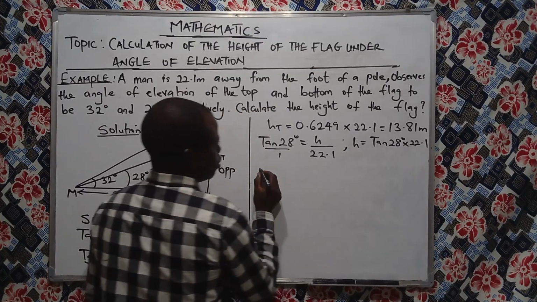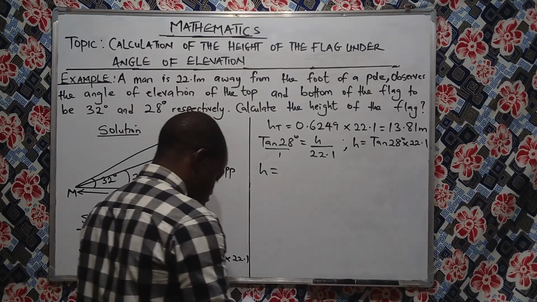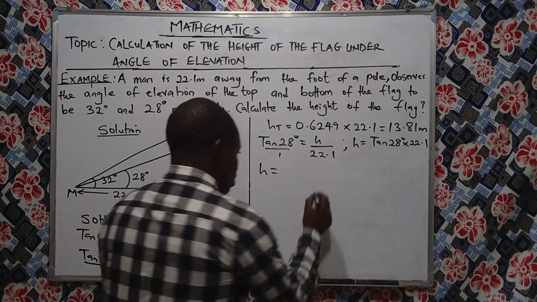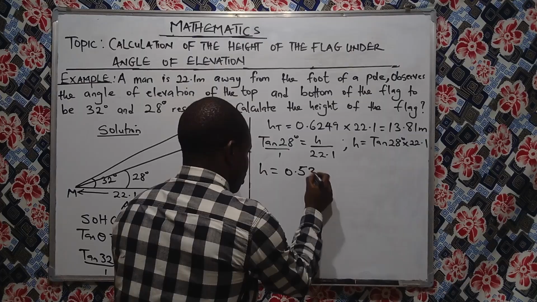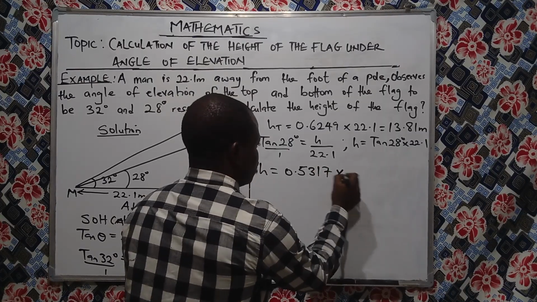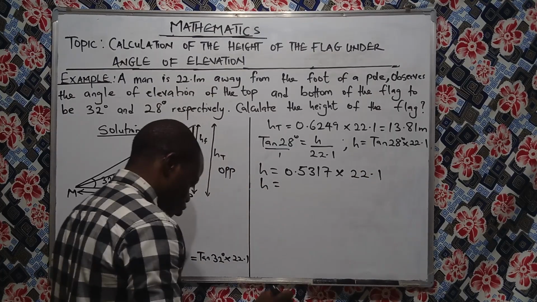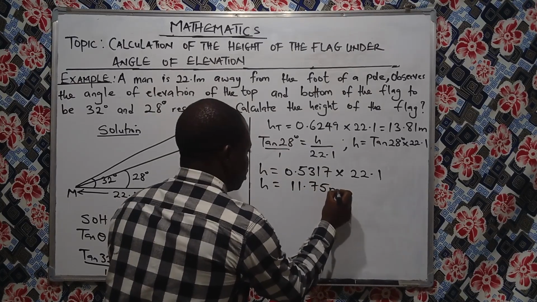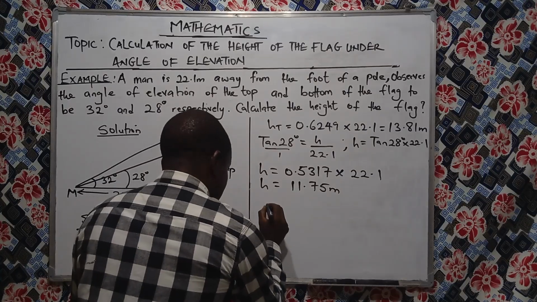Tan 28 degrees is 0.5317. 0.5317 times 22.1, you have H. You do your multiplication, you have 11.75 meters.